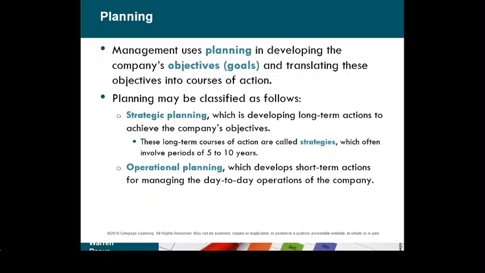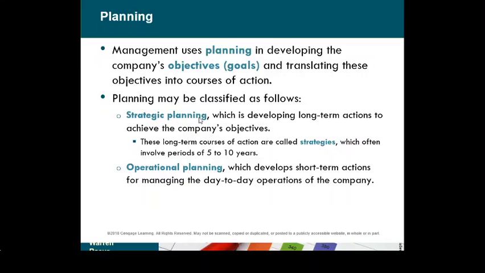Therefore, management must plan what their objectives are and what goals they want to achieve, and then translate these objectives into being implemented by the employees. There are two types of planning, which are strategic planning and operational planning.